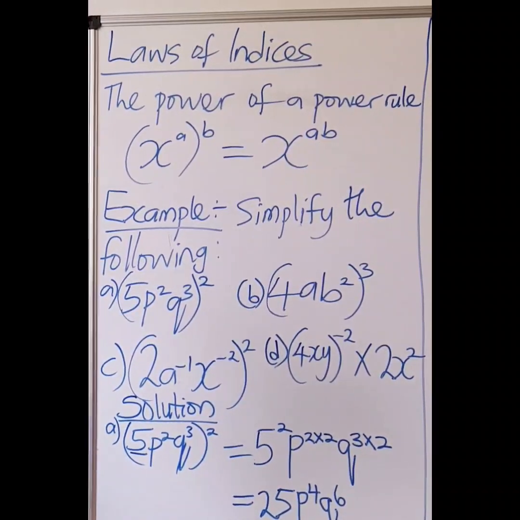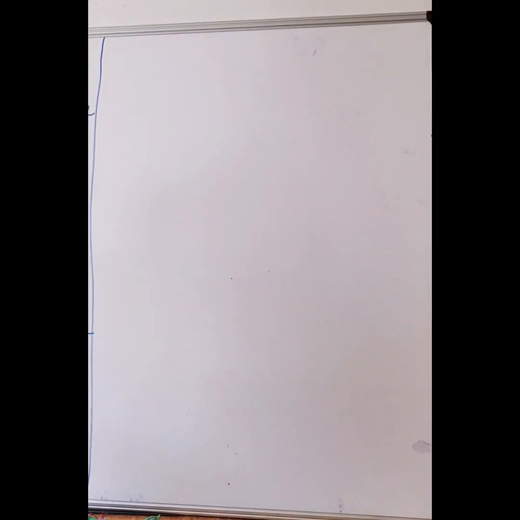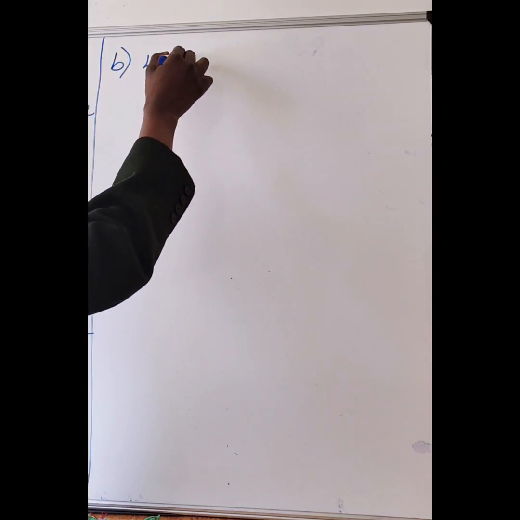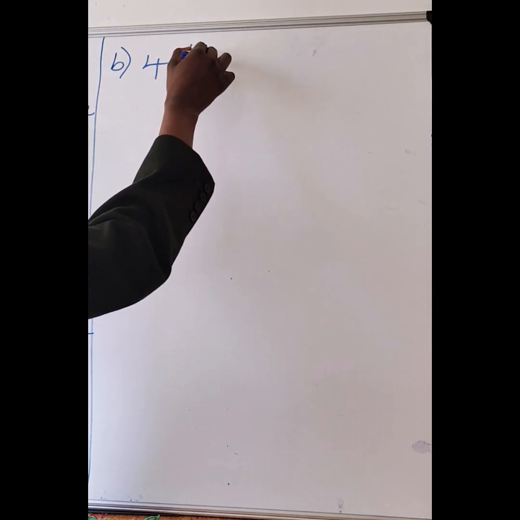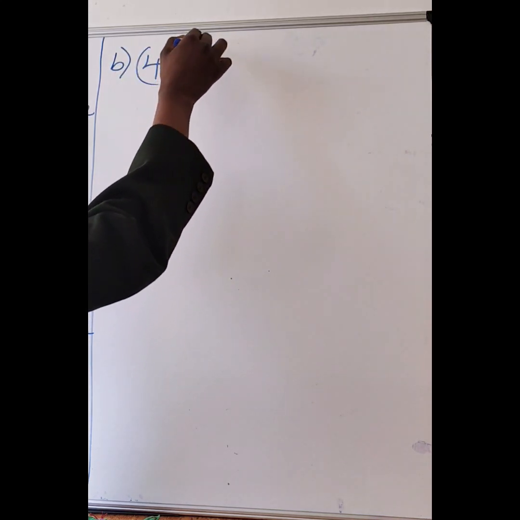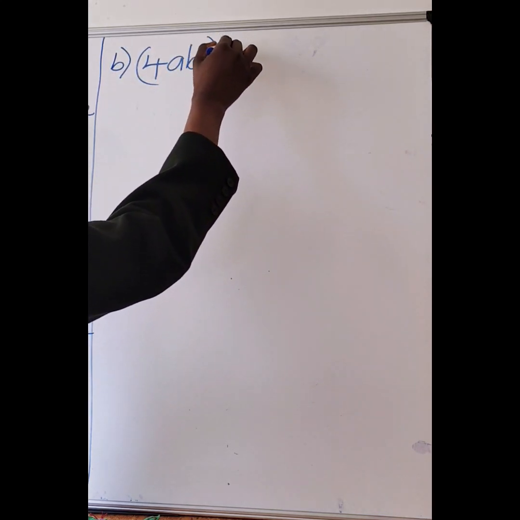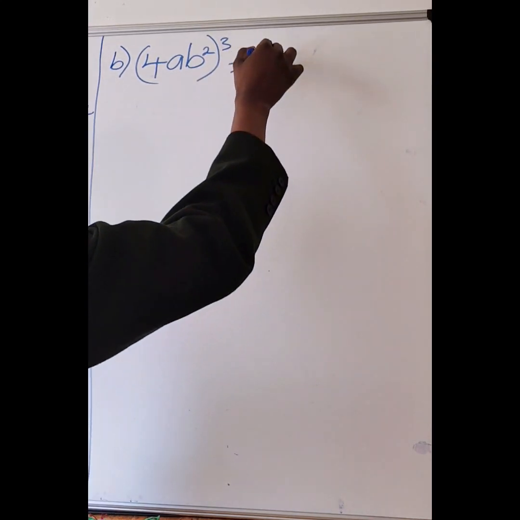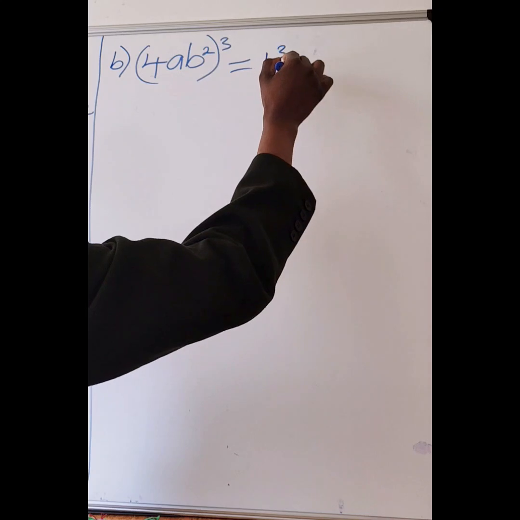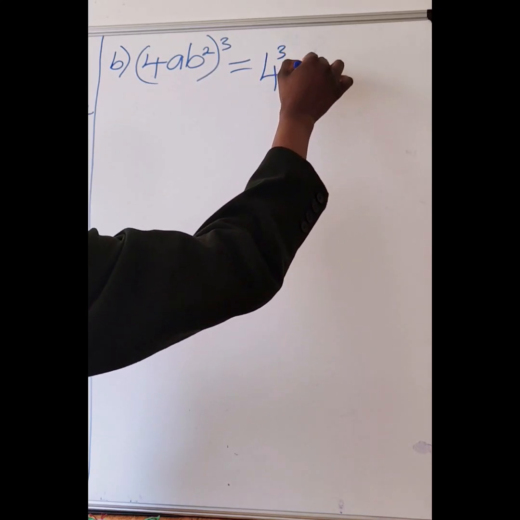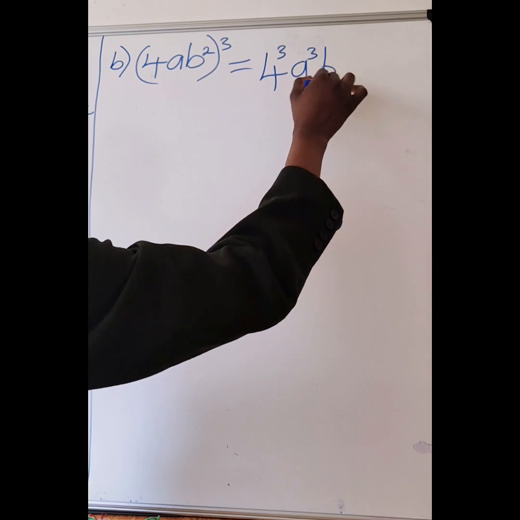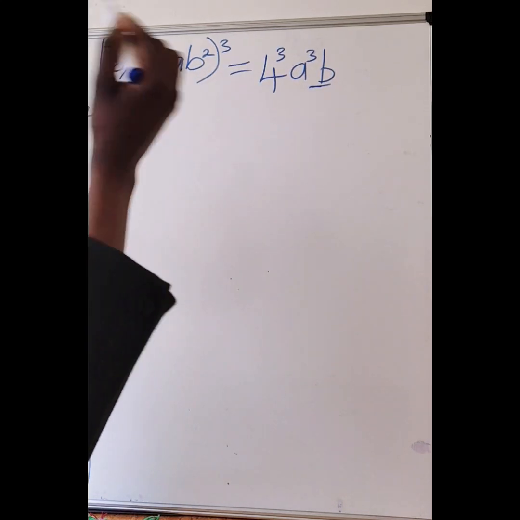We move to the next one, which is 4ab raised to power 2, everything raised to power 3. In this case, 4 will be raised to power 3, a will be raised to power 3, and b is where we have the power of a power rule.